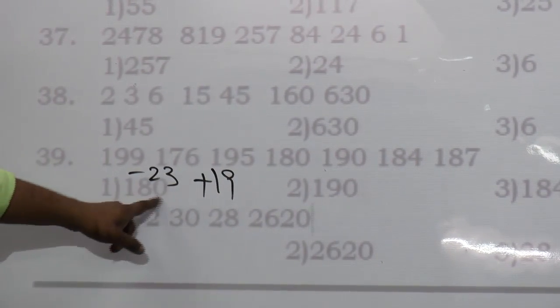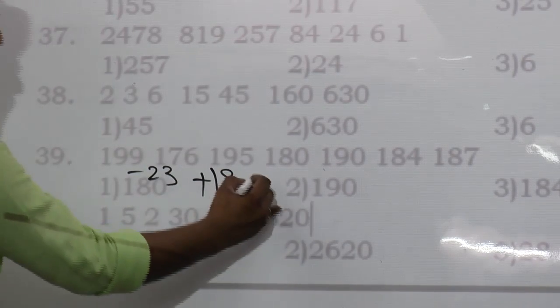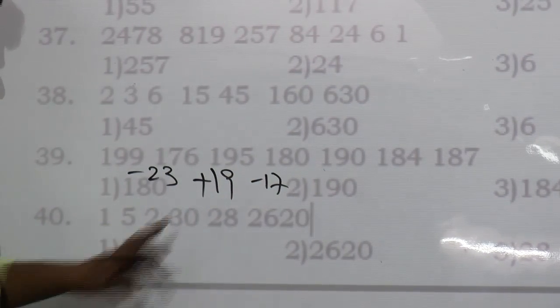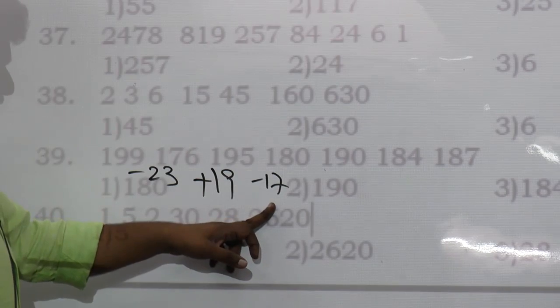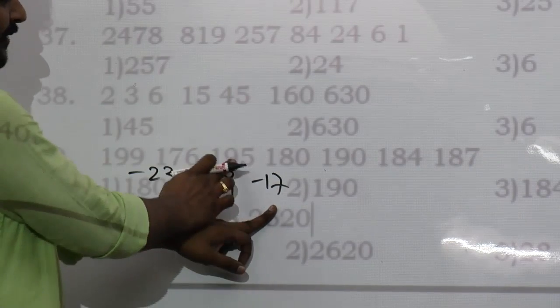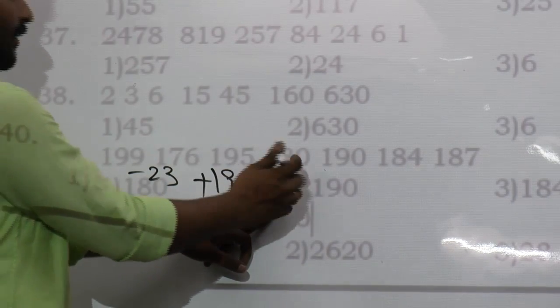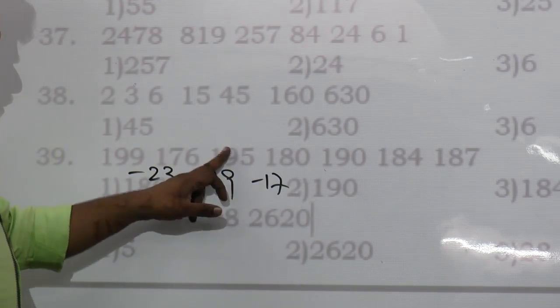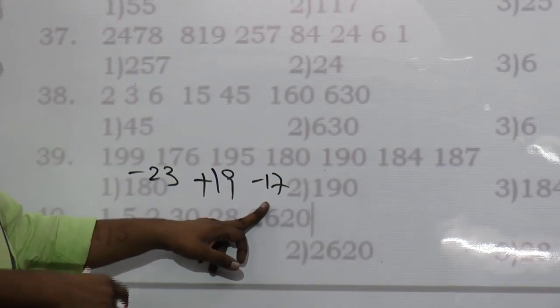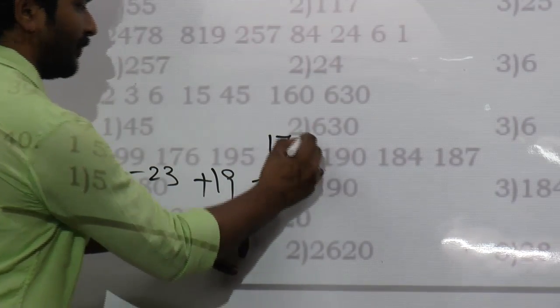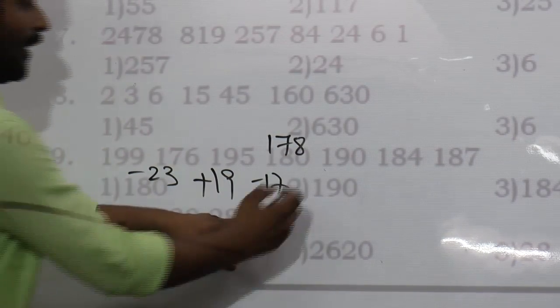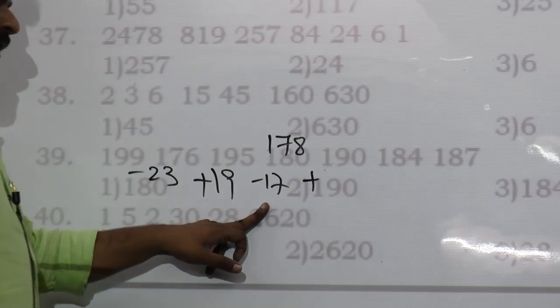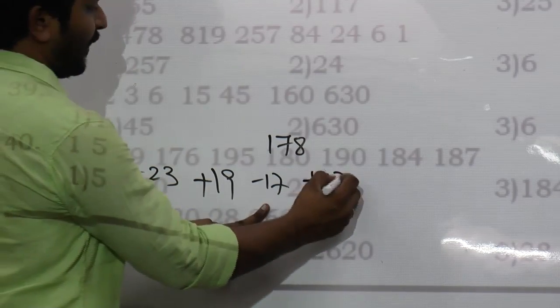Prime numbers, right? Next should be minus 17. Let's see. If you have minus 17, you should have 1, sure. 20, add 3, 178. And then plus 13.